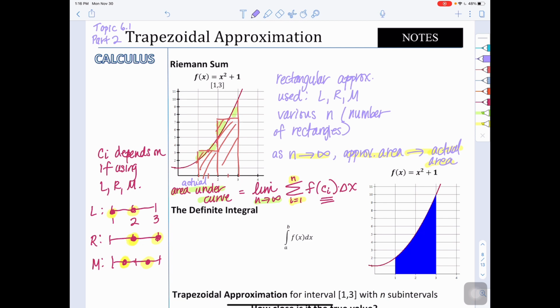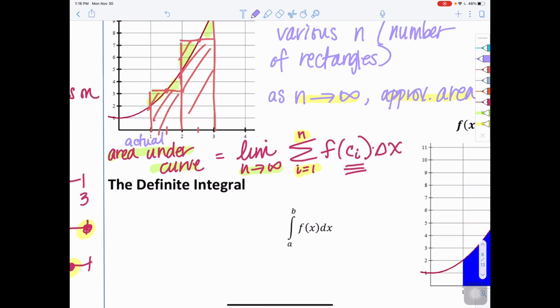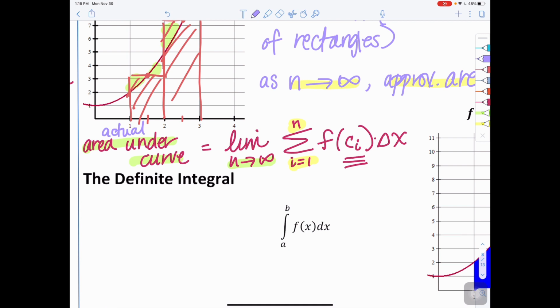Okay? So now we define the definite integral. This is very, very important. This a is our lower limit of integration. This b is our upper limit of integration. F of x is called the integrand.